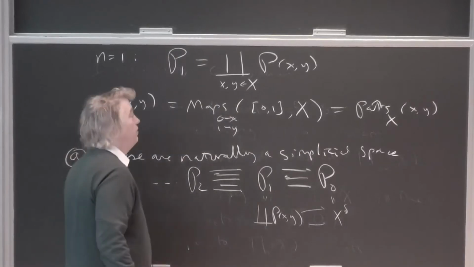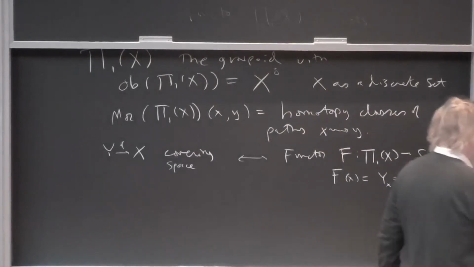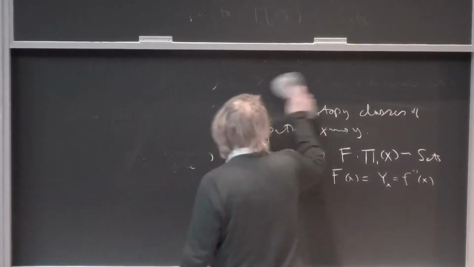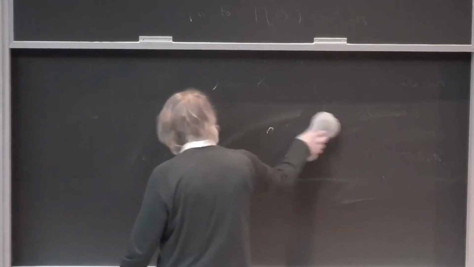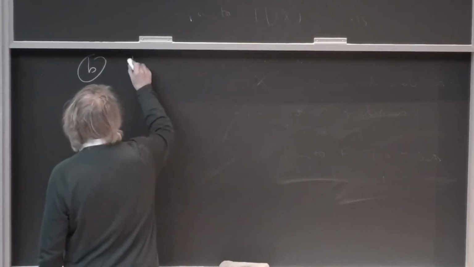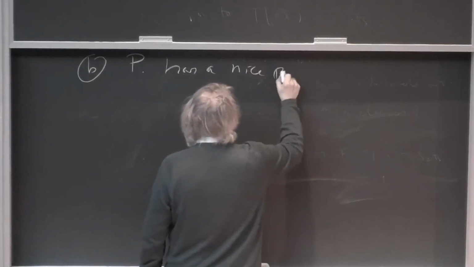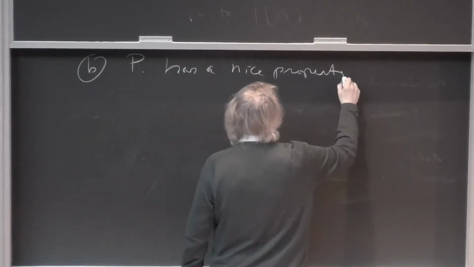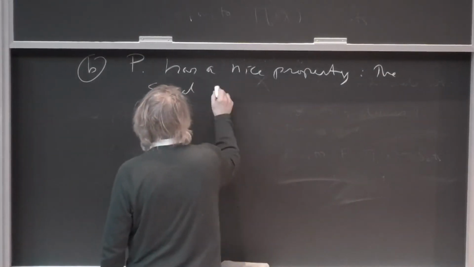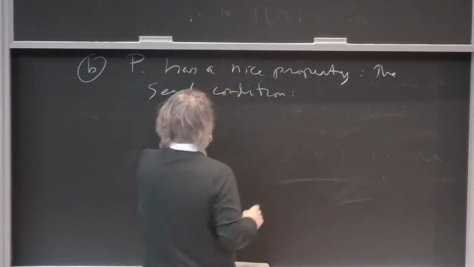That's A. But B is that the simplicial space has a nice property. That's called the Segal condition. What does the Segal condition say?